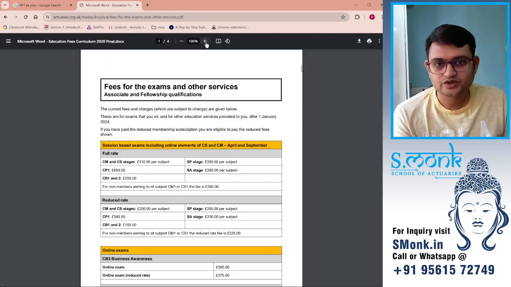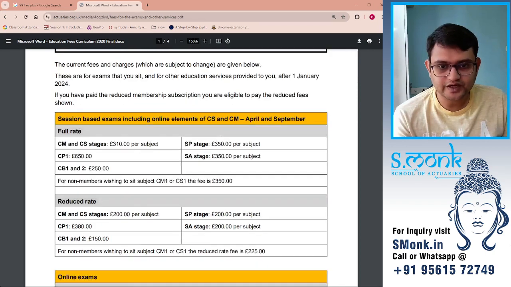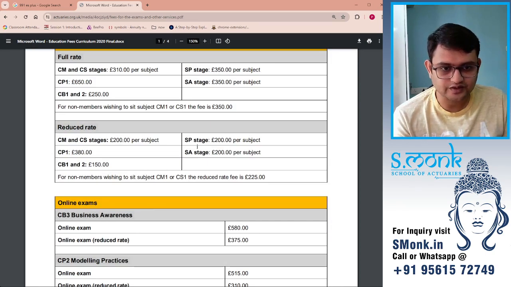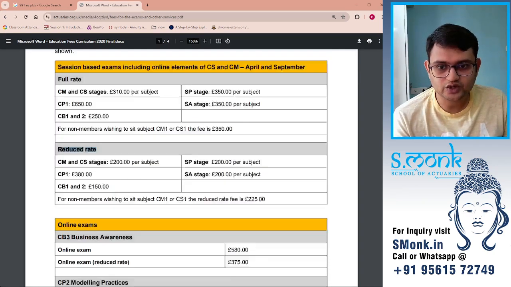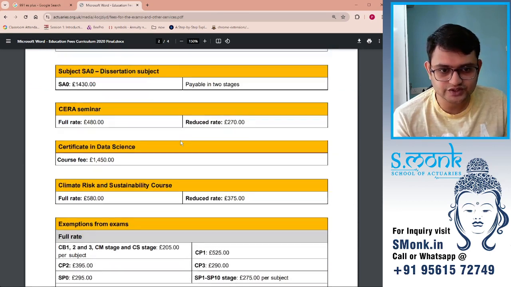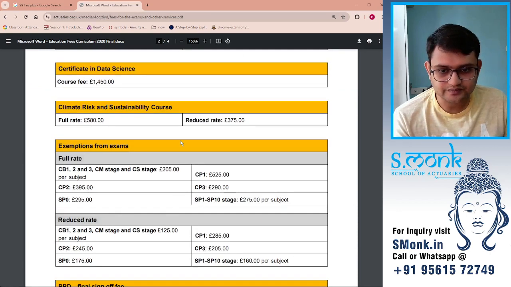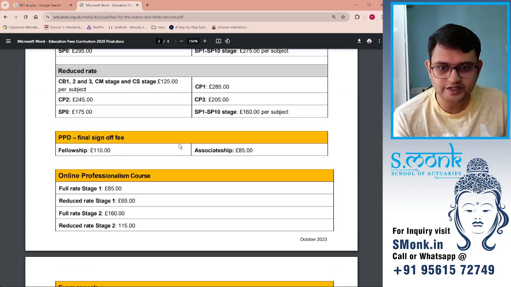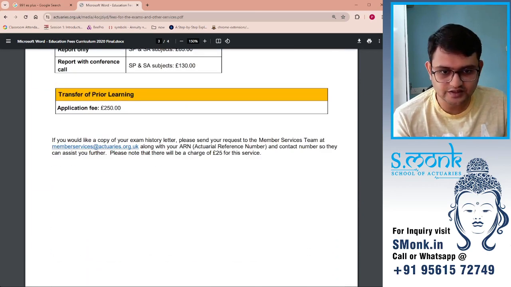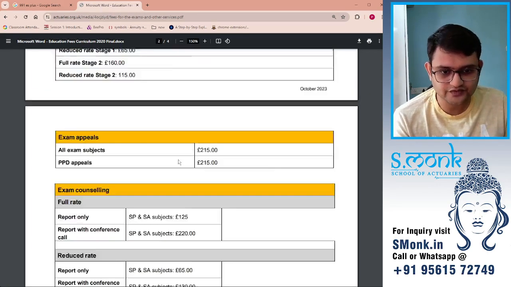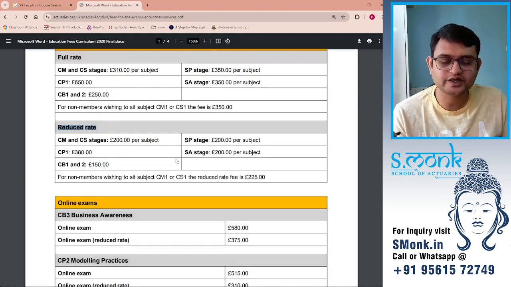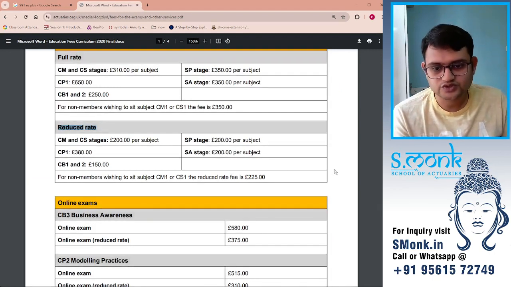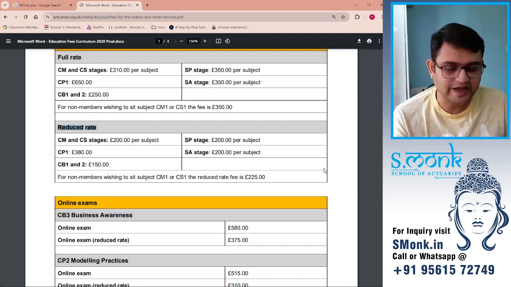Now if you see, there are two types of fees given. These are the full rates and this is the reduced rates. I talked about who is eligible for reduced rates, right? Their annual income has to be less than 8,250 pounds, so it's 8.25 lakh rupees.